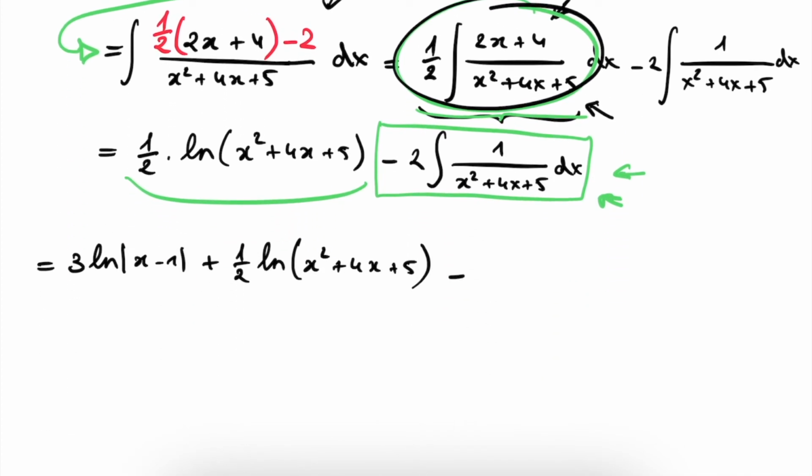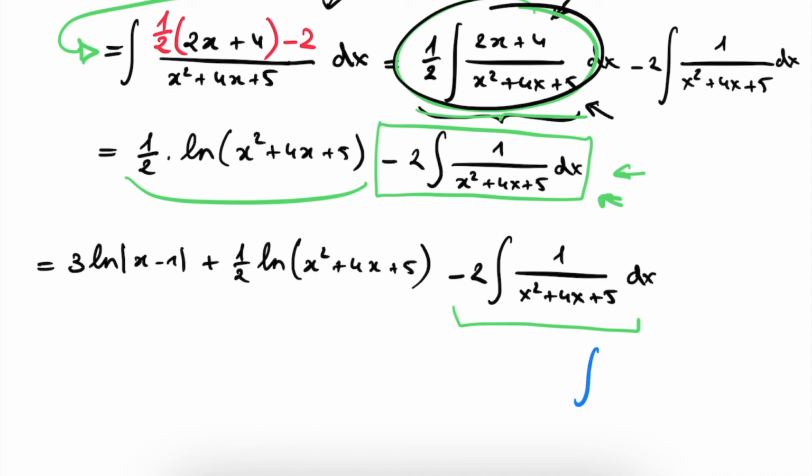And now we are left with minus 2 times the integral of 1/(x squared plus 4x plus 5) dx. How we will solve this integral now is to try to rewrite it in the form of 1/(x squared plus 1) dx, because this integral we know to be the arctangent of x. So how do we now write this denominator as x squared plus 1, or better said, something squared plus 1?